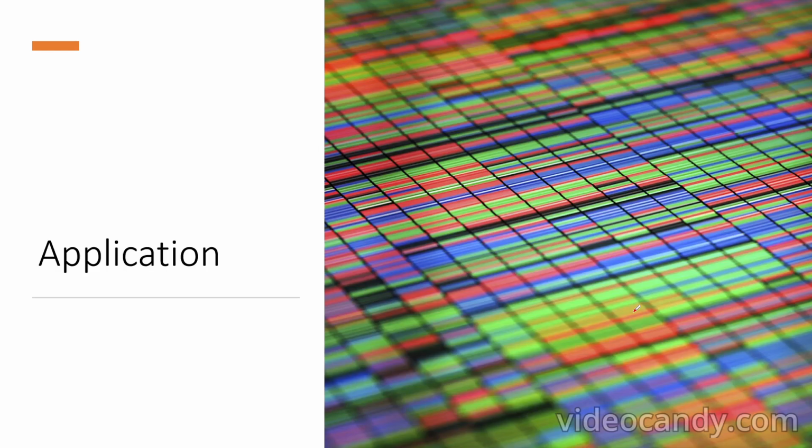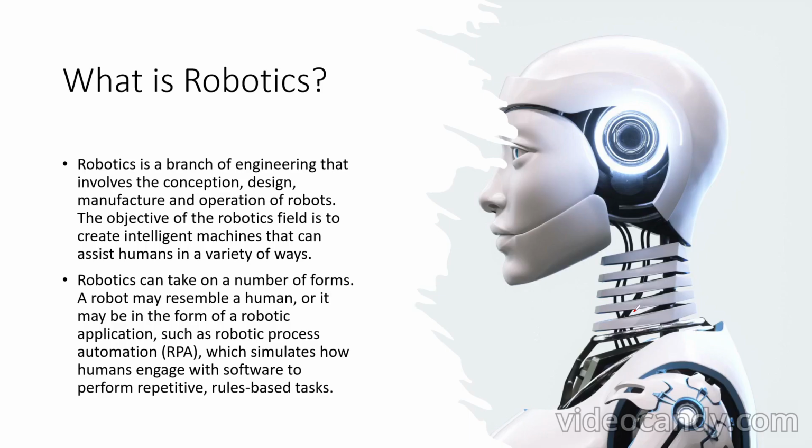Next, the application. As I said before, I'm going to use particle swarm optimization to apply it in robot path planning. Before that, I'll explain what robotics is. Robotics is a branch of engineering that involves conception, design, manufacture and operation of robots.